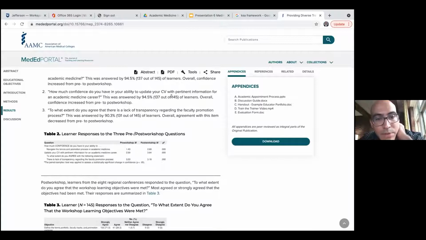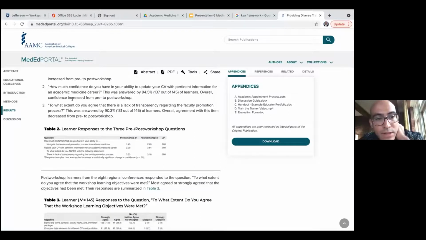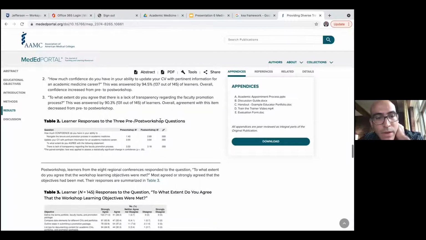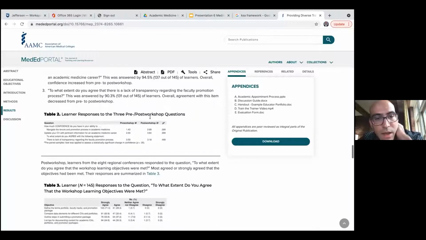Again, the ability to update your CV with pertinent information, tying it back to one of our objectives. And again, overall confidence increased from pre to post workshop, and hitting on one of the objectives of decreasing the lack of transparency regarding the faculty promotion process, we also obtained a significant decrease from pre to post workshop.